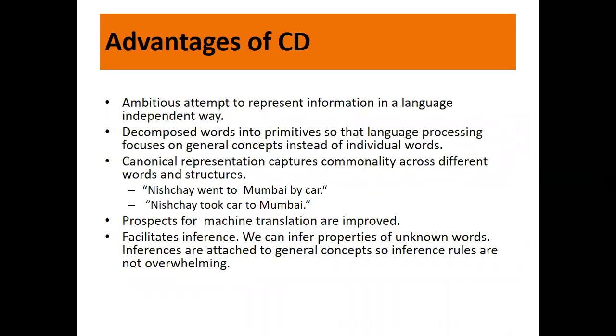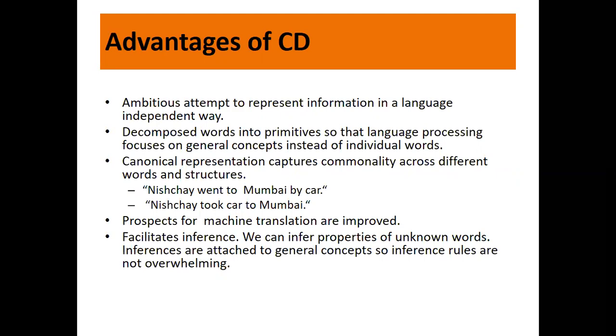Now, what are the advantages of conceptual dependency? It is an ambitious attempt to represent information in a language independent way. This is one of the best parts. It is not dependent on the language because we are not translating. We are representing its concept. It decomposes words into primitives so that language processing focuses on general concepts instead of individual words.